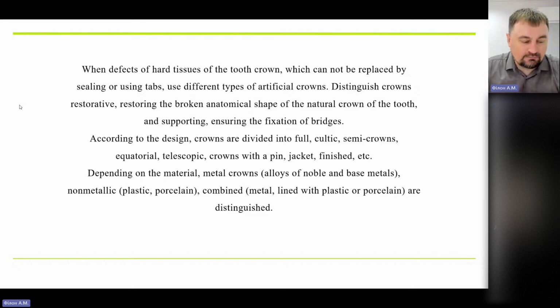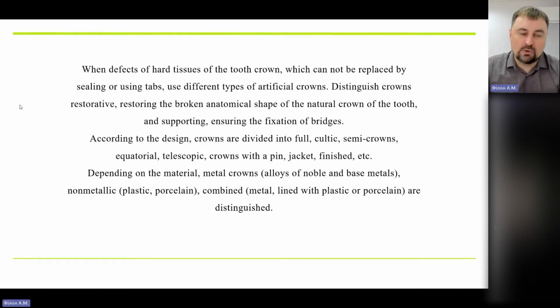All these crowns, stamp crowns, plastic crowns, one-piece crowns, are not used too much nowadays. Why? Because nowadays we have a lot of modern kinds of treatments like ceramic crowns, metalloceramic crowns, zirconium crowns, porcelain crowns also.